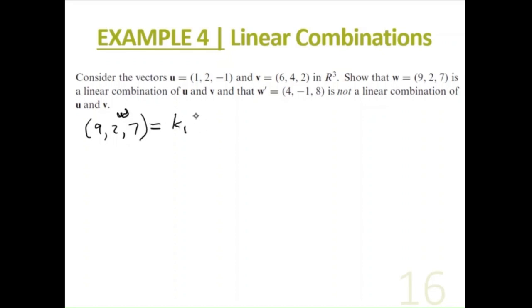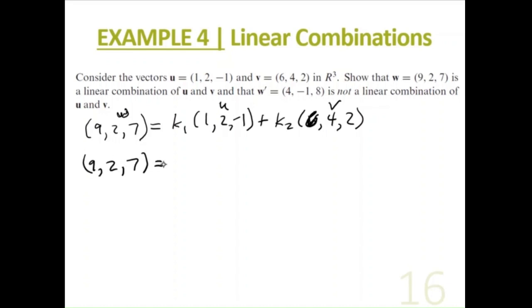So we'd have k1 times our u, which is 1, 2, -1, plus k2 times our v, which would be 6, 4, 2. And then we could further simplify this. We know how to add vector components like this. So we could rewrite this to say 9, 2, 7, which is our w, equals k1 multiplied by each of these components, and then we're adding this vector and this vector together.